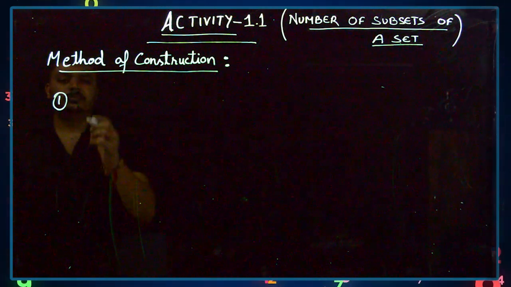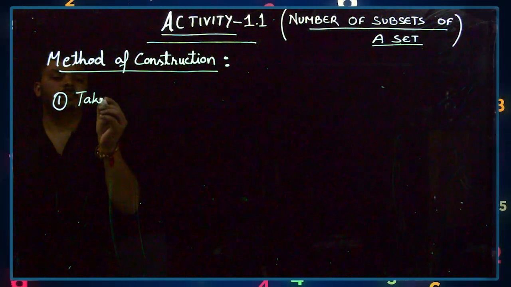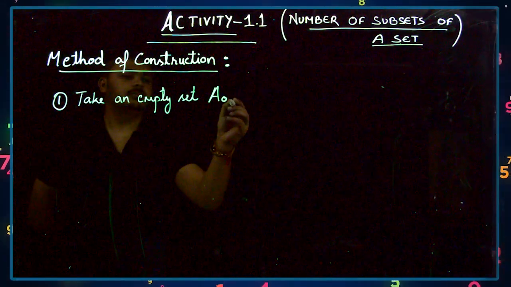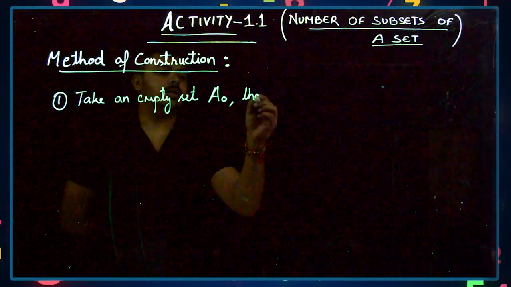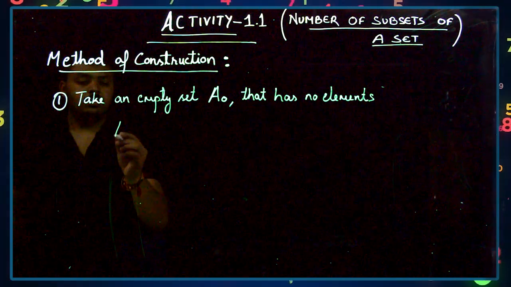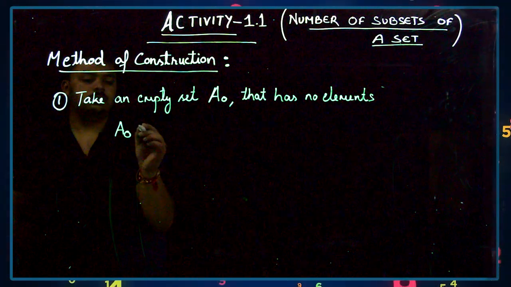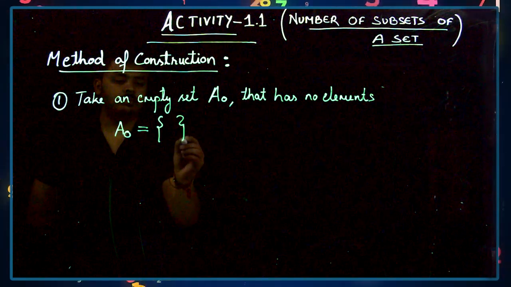First, take an empty set A0 that has no element, that is, A0 is equal to a null set or an empty set.